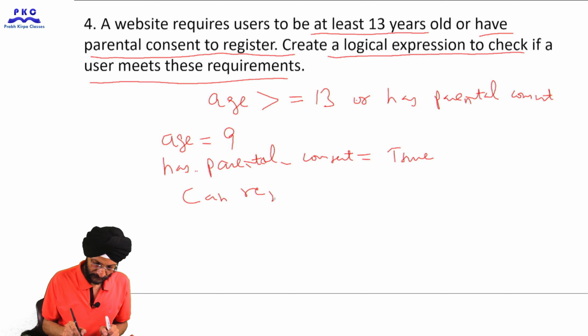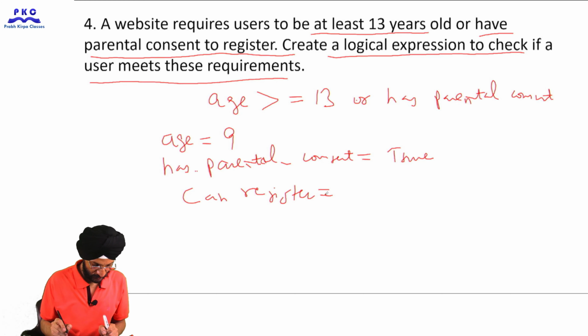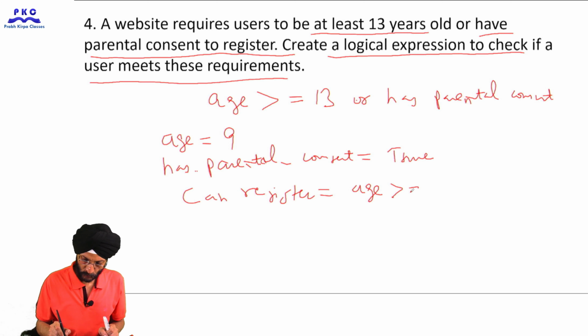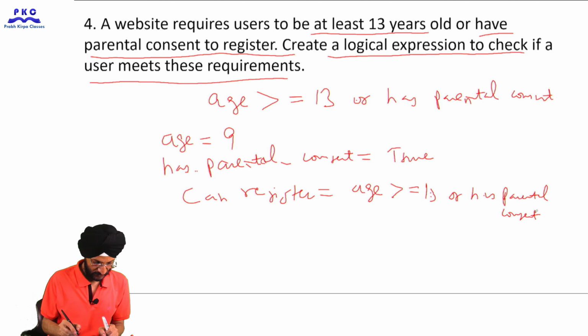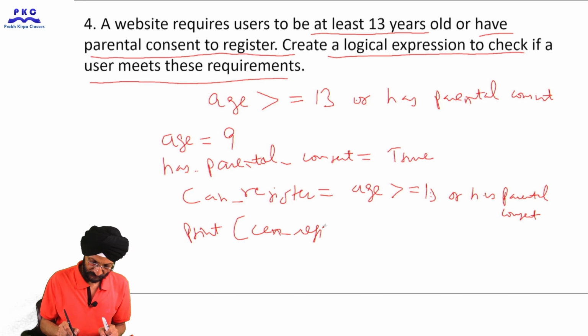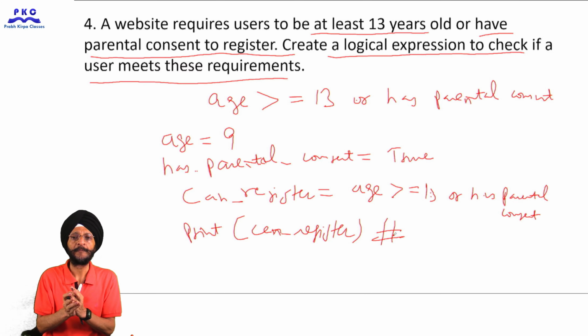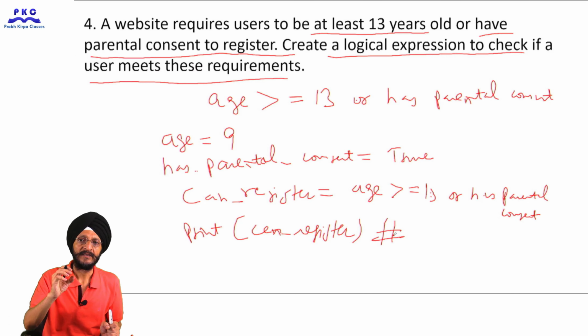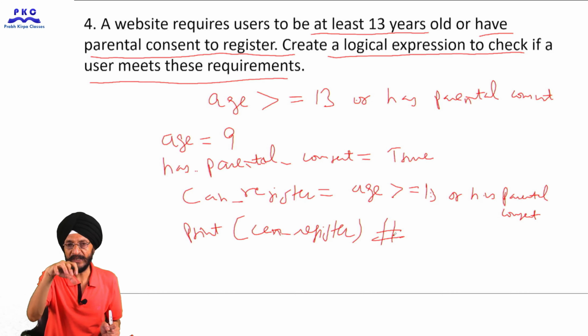Now, can register is equal to: if age is more than or equal to 13 or has parental consent. Now we will use the print function. Print can register. Now the Python interpreter will give the output whether the user can register or not.